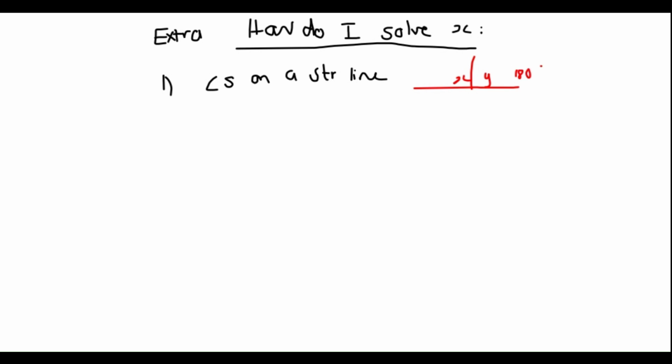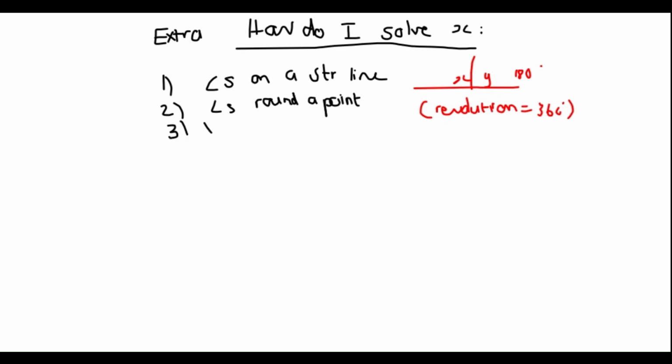You can use that. Then you also have angles around a point. This is for revolutions. Remember that all of it adds up to 360 degrees. You could also use vertically opposite angles. We know what they look like. It's angles that look at each other, they are exactly the same.